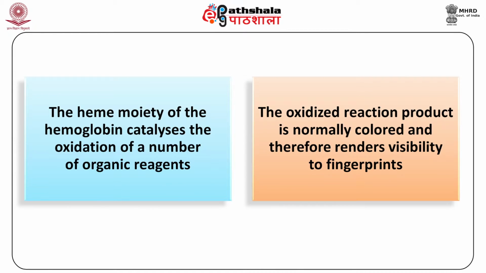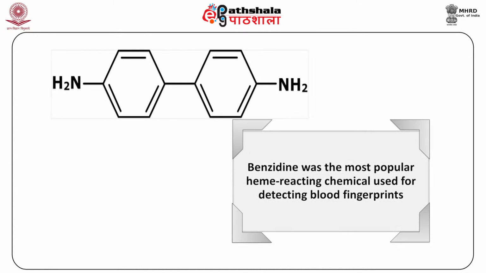The heme moiety of the hemoglobin catalyzes the oxidation of a number of organic reagents. The oxidized reaction product is normally colored and therefore renders the fingerprint visible. Prior to 1974, benzidine was the most popular heme reacting chemical used for detecting blood fingerprints.